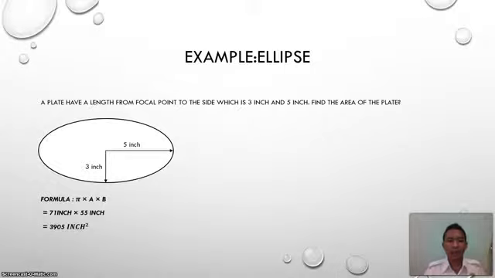So just insert the key points that you have been given into the formula of area of ellipse, which is pi times A times B. When you calculate pi times 3 times 5 inch, you can know the area of the ellipse.